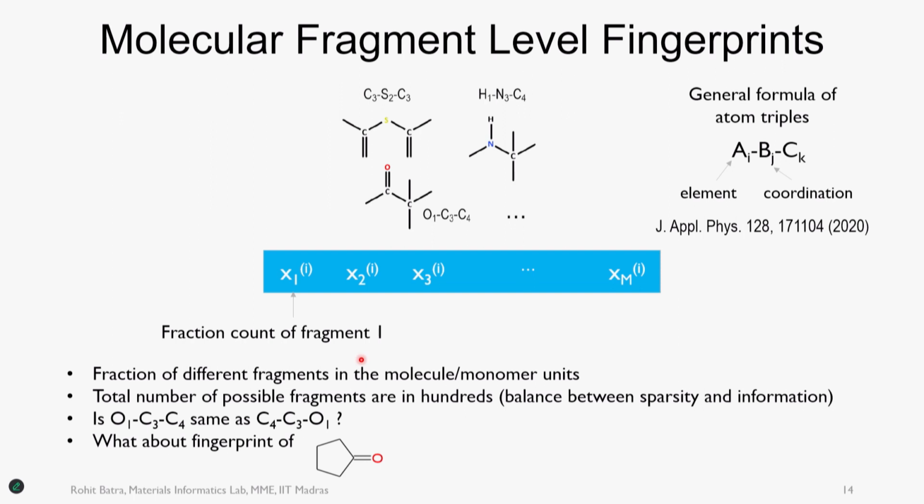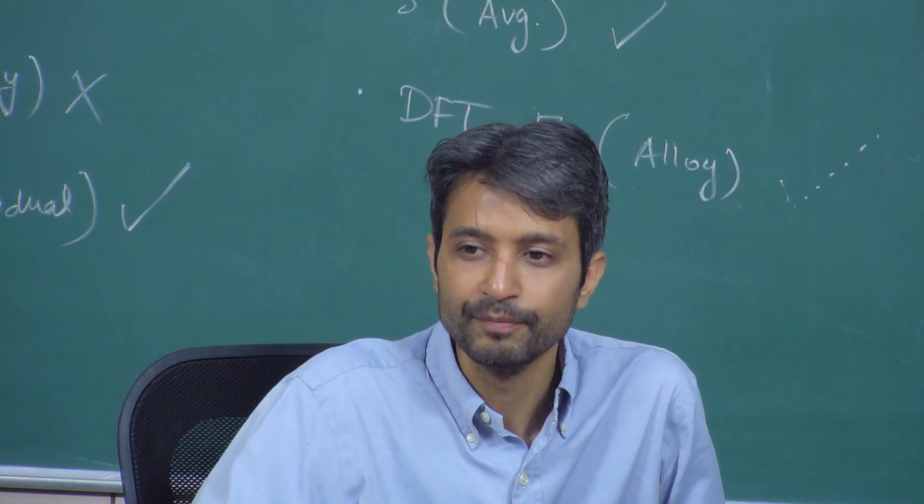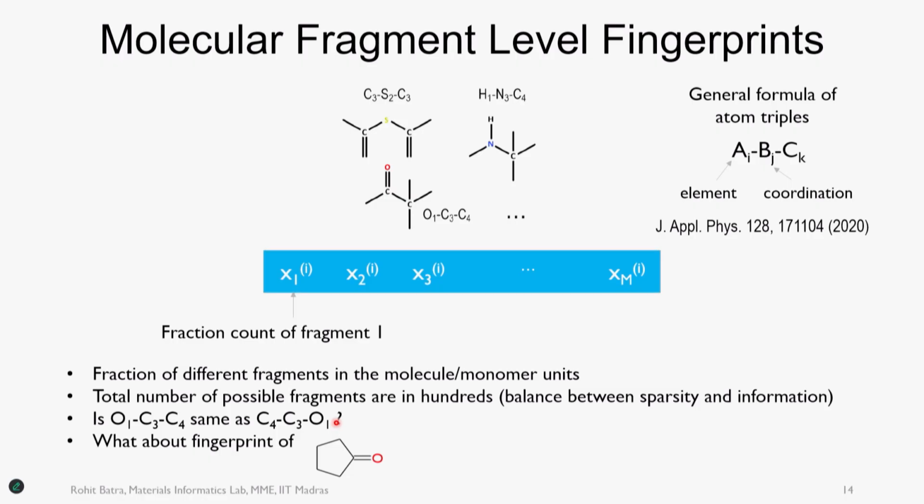I might not be able to distinguish them. If the ring size is less than 3, then maybe yes, but if the ring size is larger, then I will not be able to distinguish them. So this is the limitation. Any feature you take, it's not that it's perfect. This is another limitation that we have to be aware of.